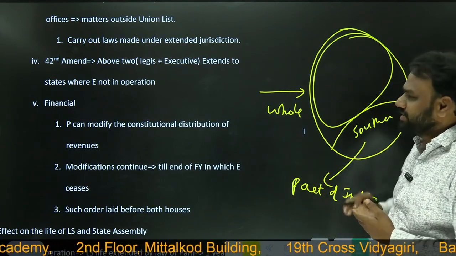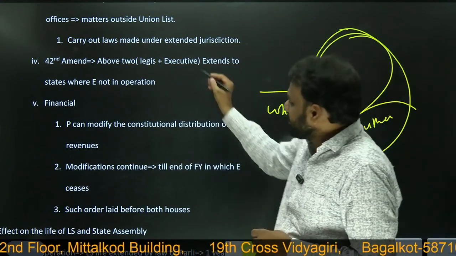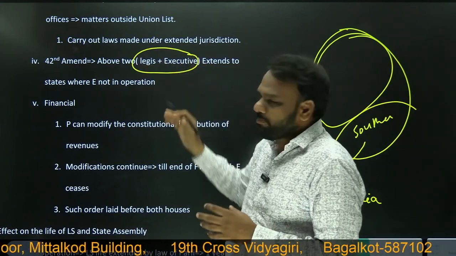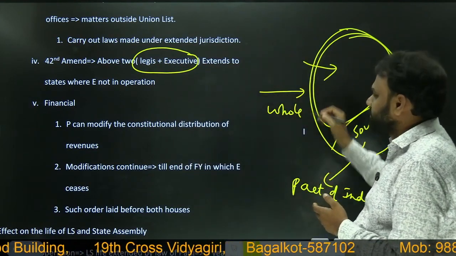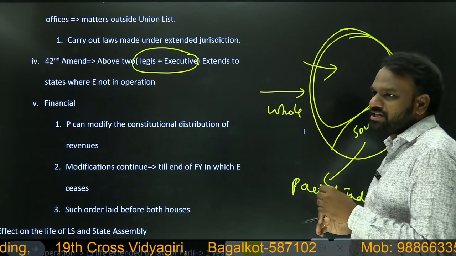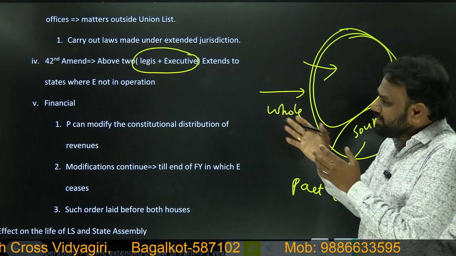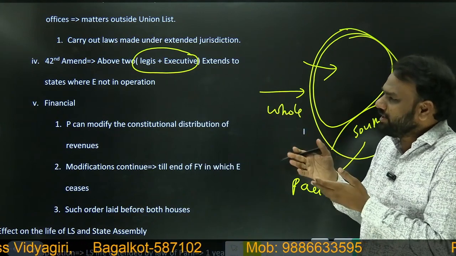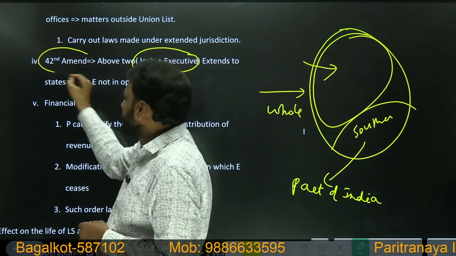But how about the other states? As per the 42nd amendment, whatever changes happen in the legislative and executive relationship can also happen to other states as well. It is not necessary that these changes happen only in the states where emergency is in operation; this distribution of power will change with respect to other states as well, as per the 42nd amendment.